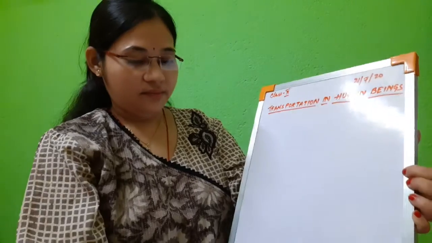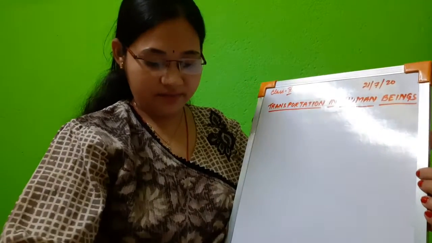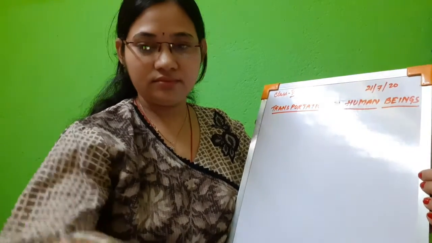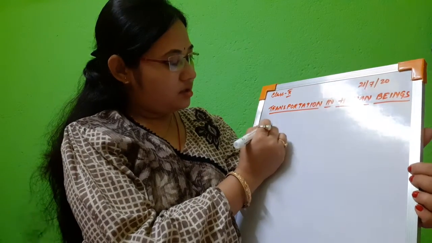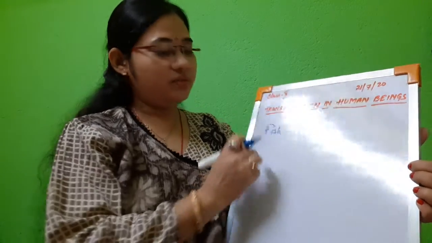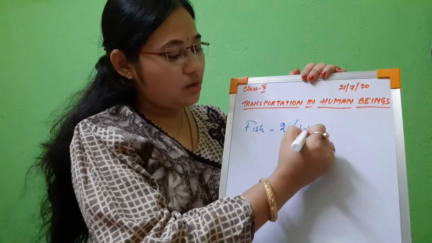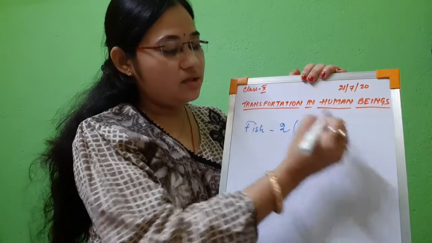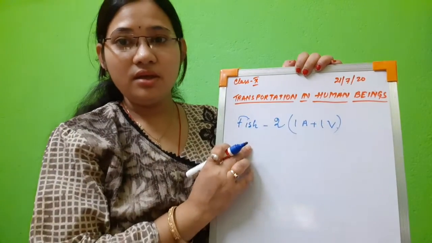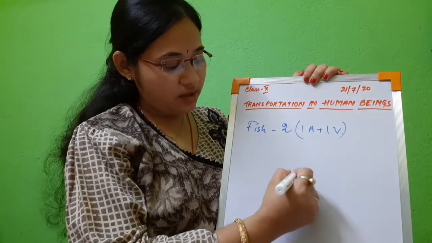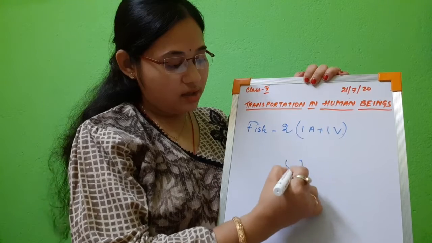Now, in case of fish, only two chambers are there. That means one auricle and one ventricle. So in fish, the heart consists of one auricle and one ventricle.